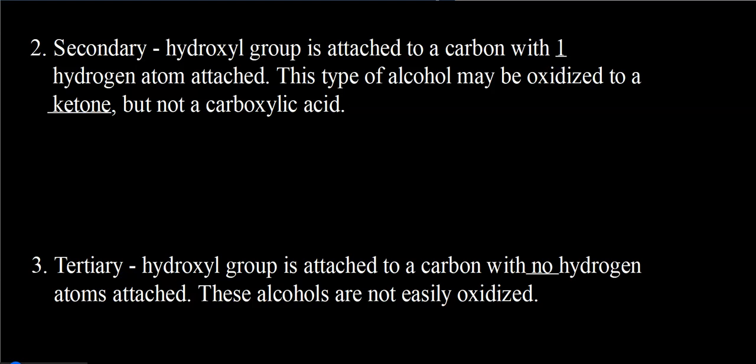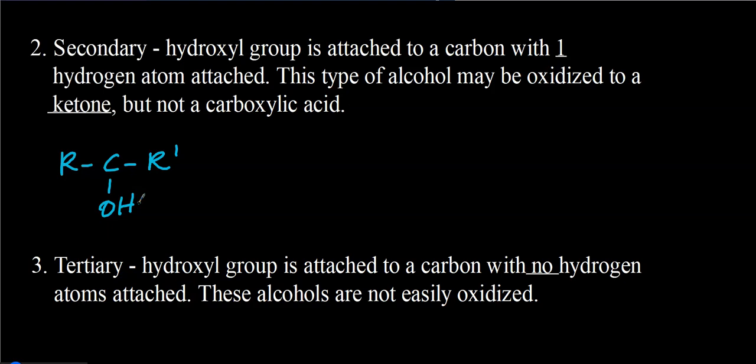So let's take a look at the equation involving a secondary alcohol. So we could take something, well, it doesn't really matter what it is, so we'll do this. So this could be 2-propanol, as what's shown in your textbook.